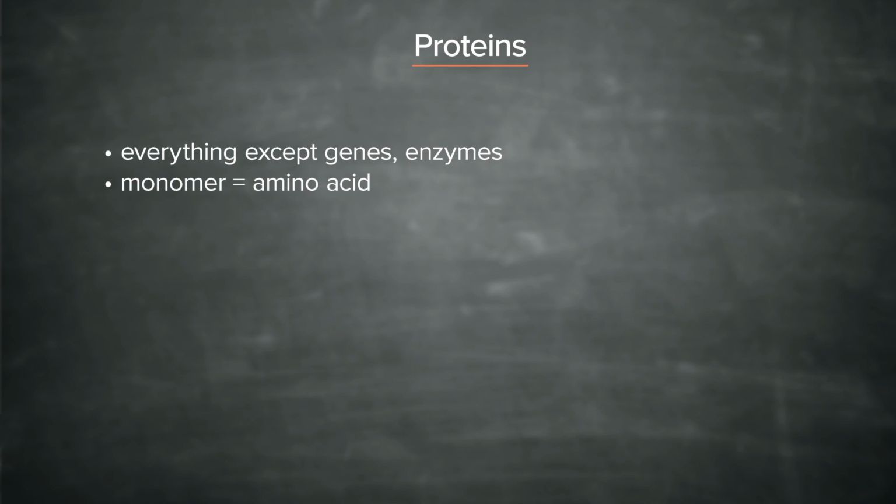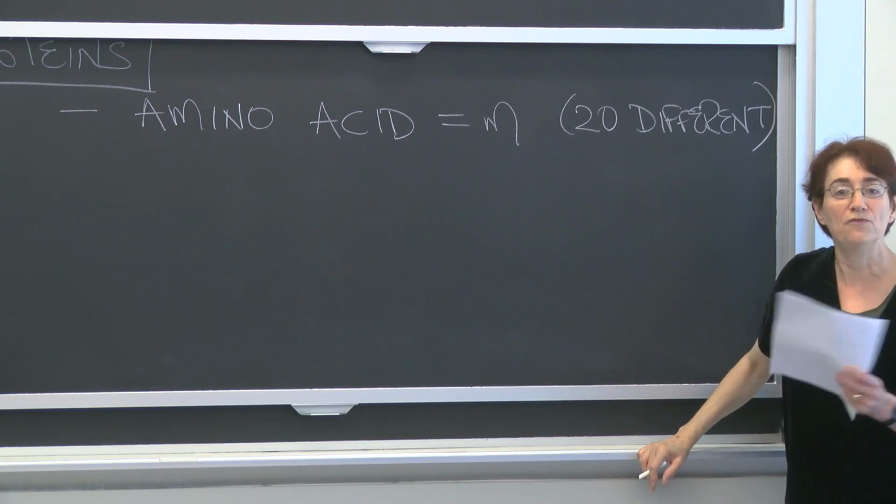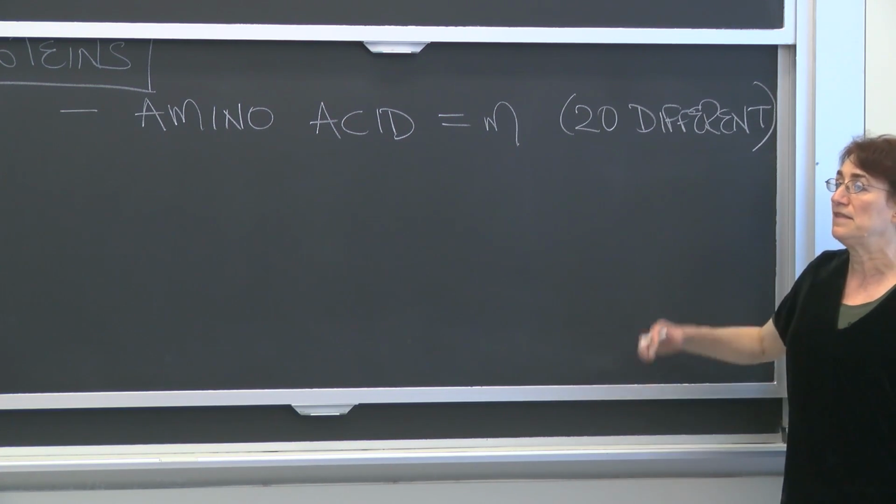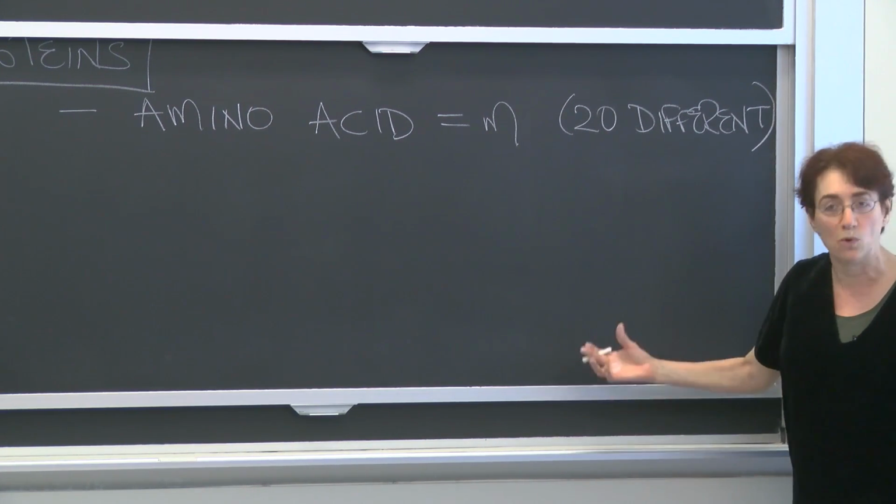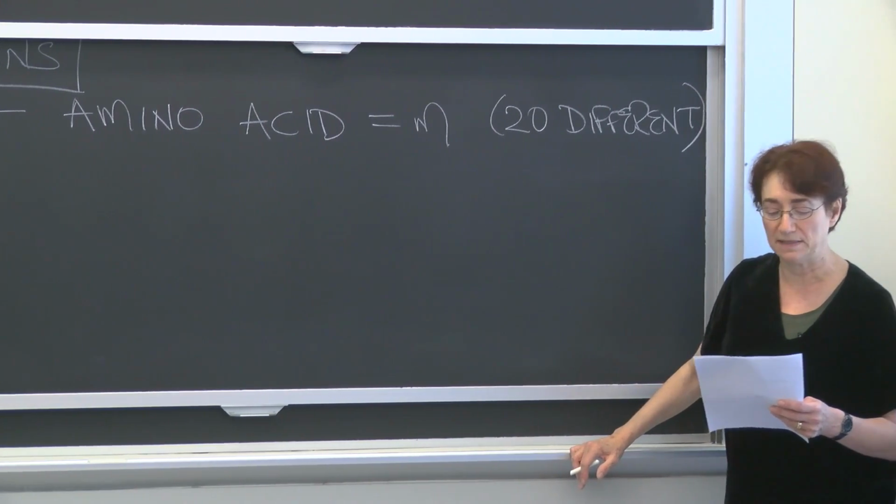In the nucleic acids, there are 4 different types of bases that can contribute to the nucleotides. In the amino acids, there are about 20 different amino acids that are essential for human life. And there are lots more that are found in other places in life.